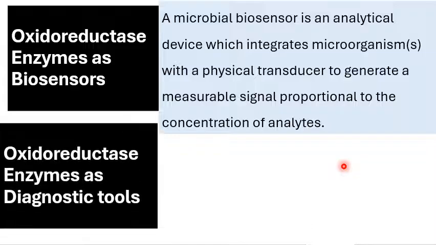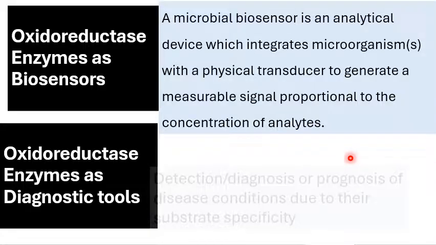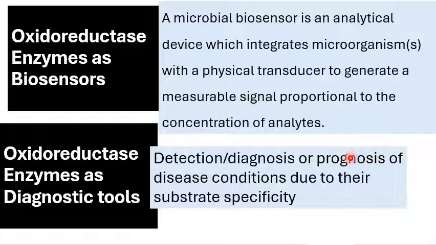It can also be used as diagnostic tools. The oxidoreductase enzymes are also very good in this aspect. The diagnostic tool is used in detecting disease conditions due to the fact that they are substrate specific.